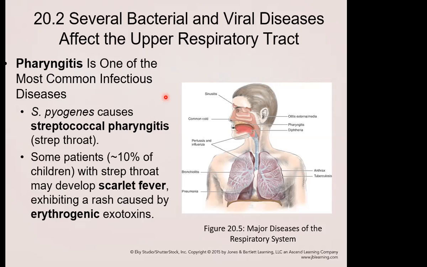So you're going to get a rash, these erythrogenic exotoxins, so this is going to cause some redness in the skin. I spoke with a woman who had scarlet fever when she was a kid. She said that her fever was so bad, she was hallucinating. She was laying in bed seeing spiders that weren't there and things like that. So imagine how scary that would be as a kid. You're sick, and then you're hallucinating on top of that.